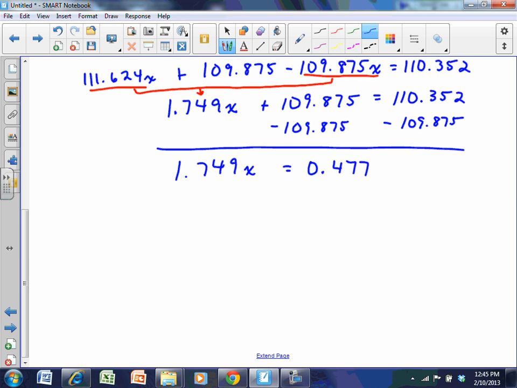And so now I'll divide both sides by 1.749 to get the X by itself.